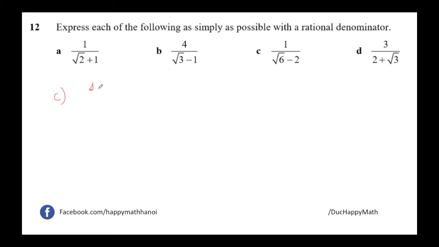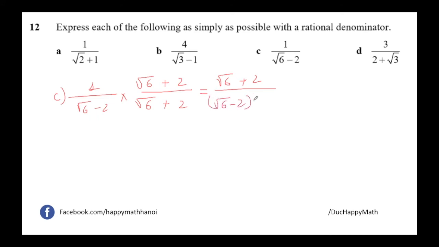Question C. I figure out the conjunction of the denominator is square root of 6 plus 2. The numerator is square root of 6 plus 2. The denominator is square root of 6 minus 2 times square root of 6 plus 2.